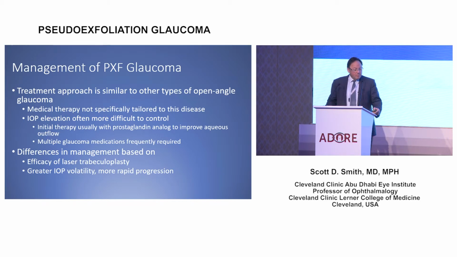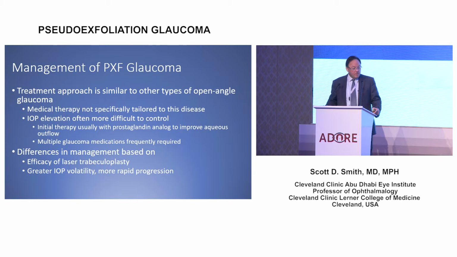Now, with regard to treatment, the approach is similar to other types of open-angle glaucoma, with medical therapy not being specifically tailored to pseudoexfoliation, but intraocular pressure is often more difficult to control. Initial therapy with a prostaglandin analog certainly is our common approach, but it's less likely, on its own, to control intraocular pressure, and more patients end up on multiple medications.